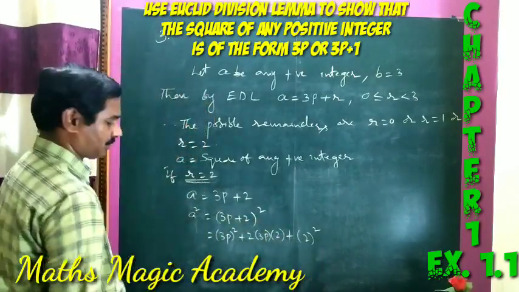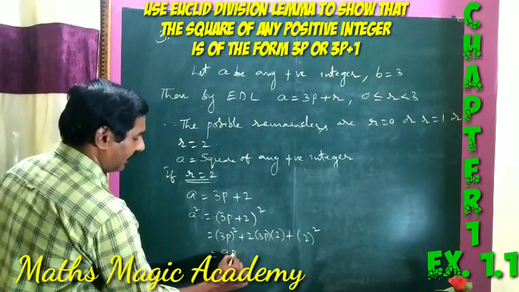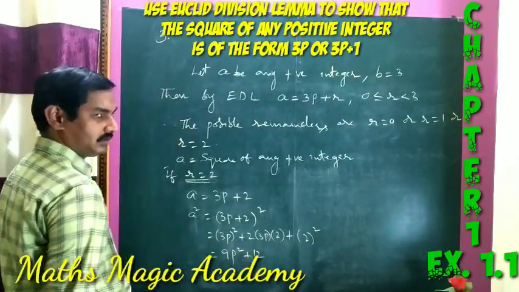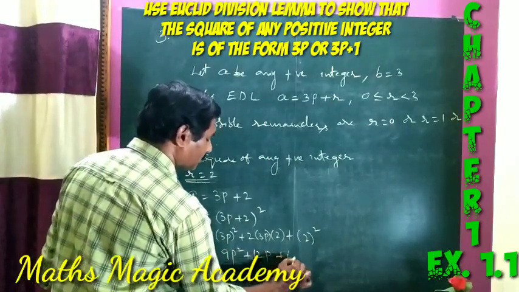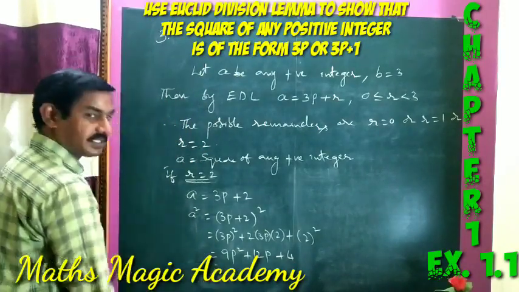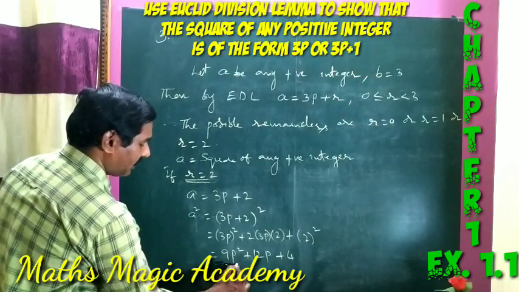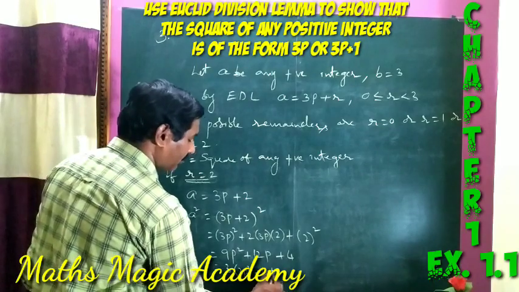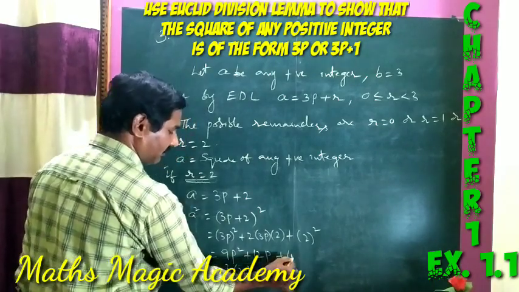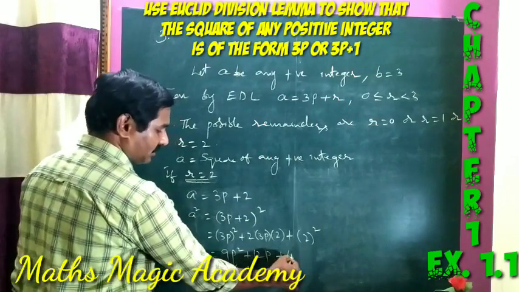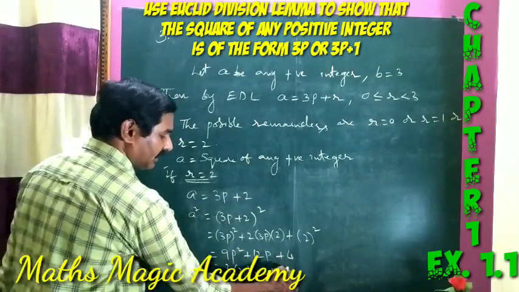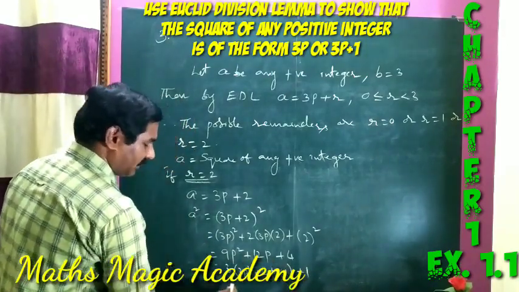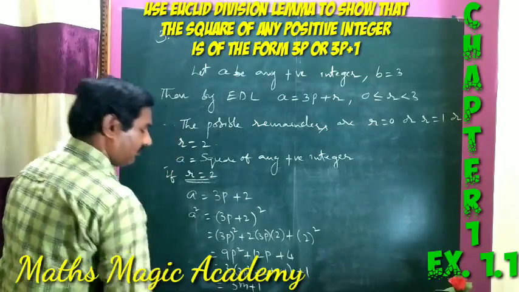So it is 9p square plus 2 3s are 6, 6 2s are 12, p plus 2 square, 4. From this, take 3 common: 3 into 3p square plus 4p plus 1, since 4 can be written as 3 plus 1. So 3 into 1 is 3 and the rest of 1 remains. Assume this total is m. Then it is also in the form of 3m plus 1.